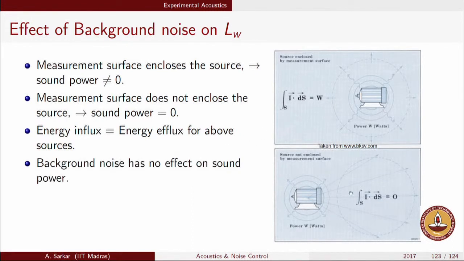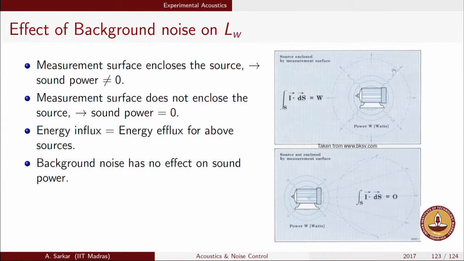So, if there is background noise, say there are two sources, one is the primary source and over and above there are other sources generating background noise, the sound power due to the background sources, because they lie outside the hypothetical surface which encloses the primary source, is going to be just 0.